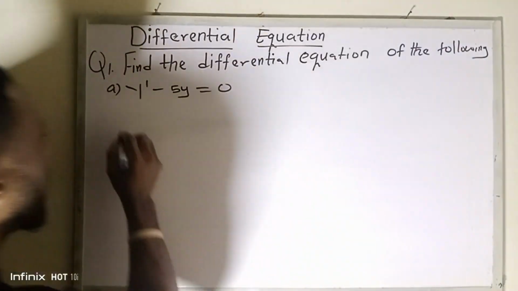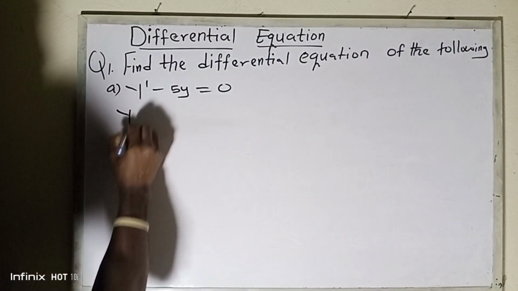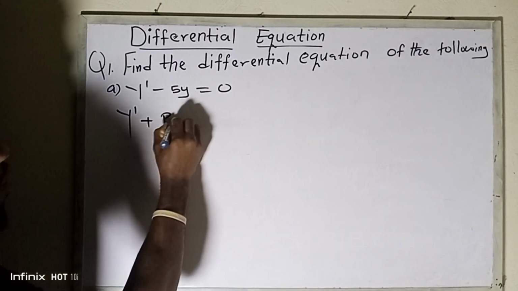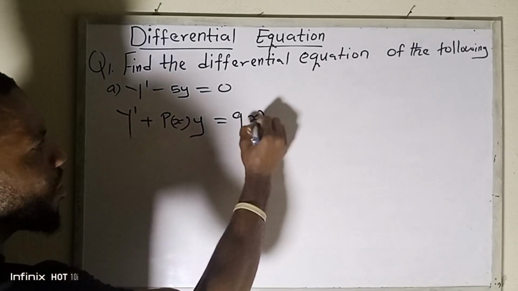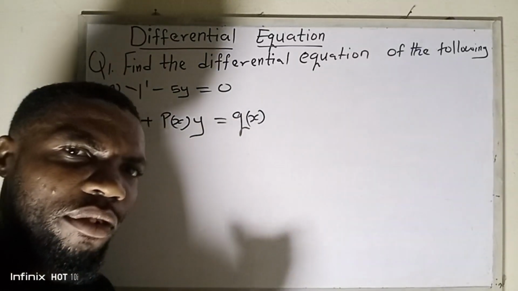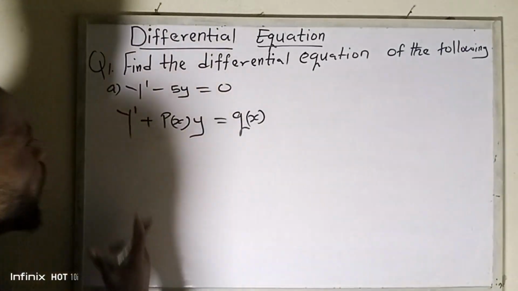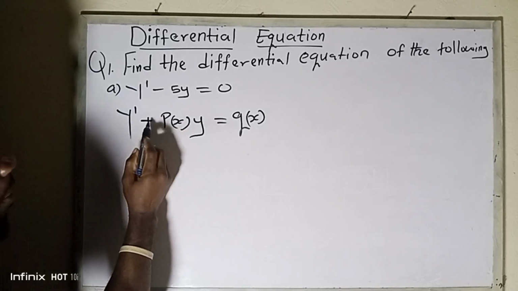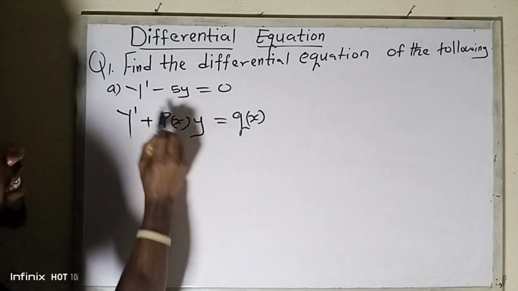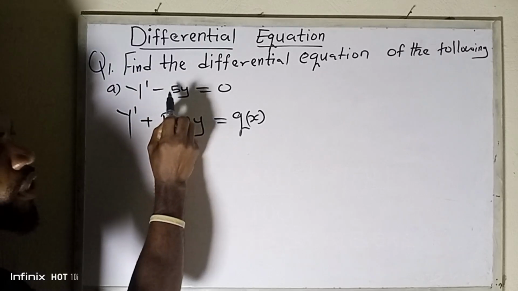It's very simple. We have y prime plus p of x y is equal to q of x. This is a linear differential equation. So therefore, we have y prime here, we also have y prime. We have plus p of x, which is the same thing as our minus 5.